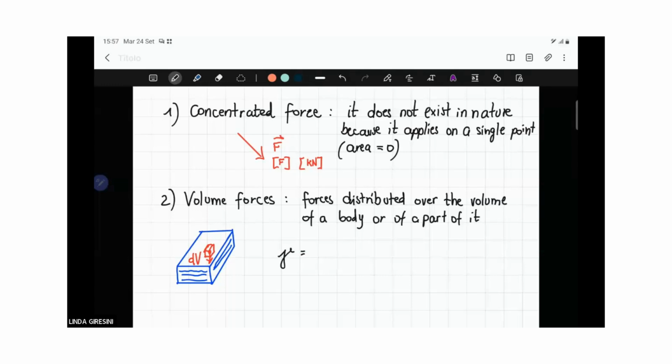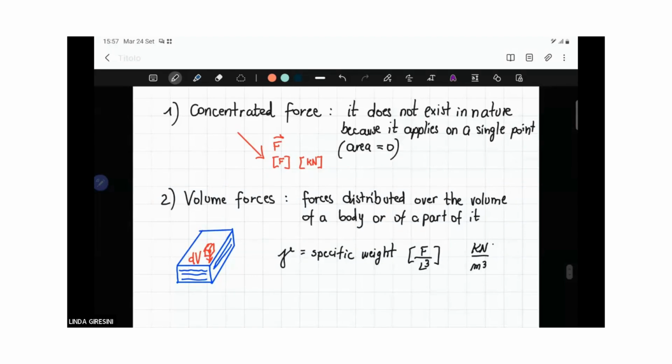So gamma is the specific weight of the material. Please fix this concept from now. And its unit is a force over a cubic length, so over a volume, because a volume has a cubic dimension, right? Do you agree? Okay. An example of unit for the specific weight can be kilonewtons over cubic meters.